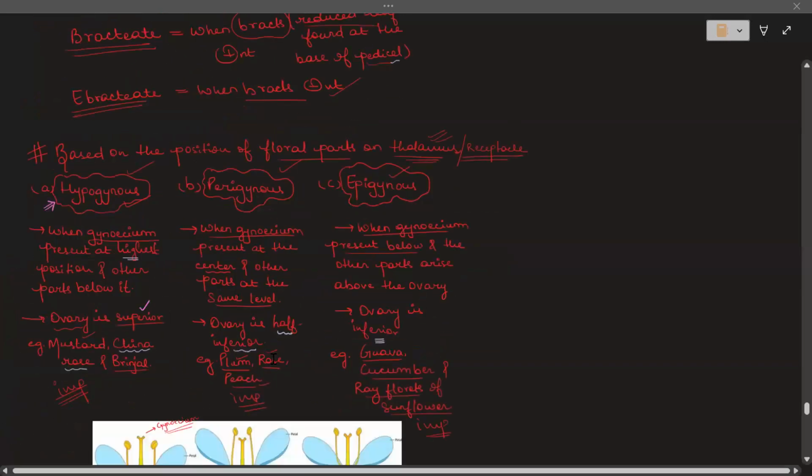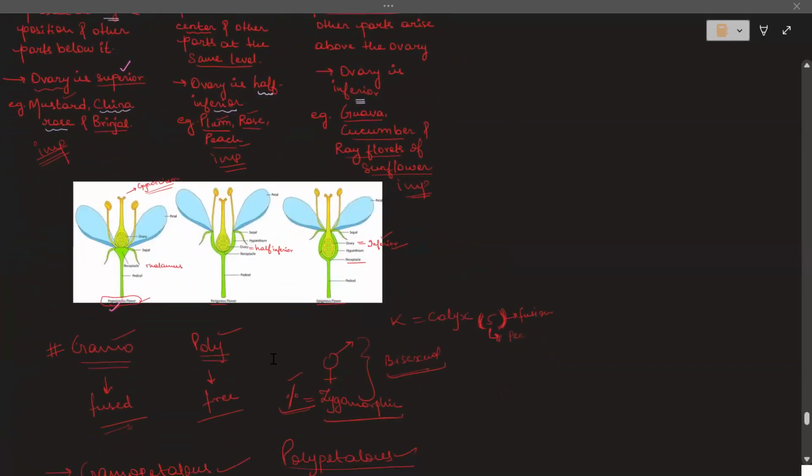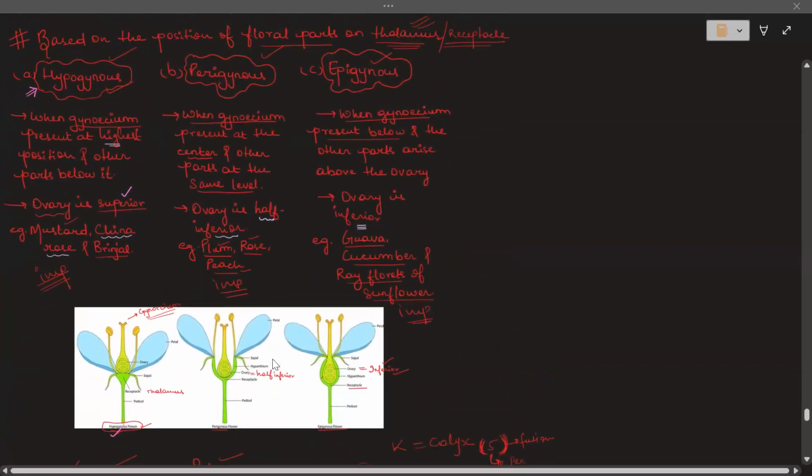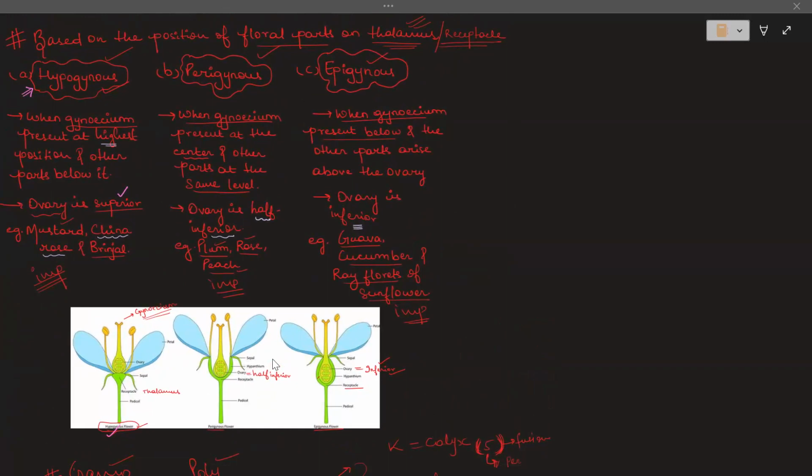Yes, ma'am. Okay, students, after you're done writing about the different kinds of position of the floral parts, tell me, then I'll sort of zoom the diagram for you. You people draw the diagram also so that you will know which one we are talking about.